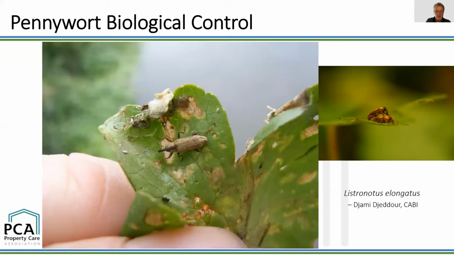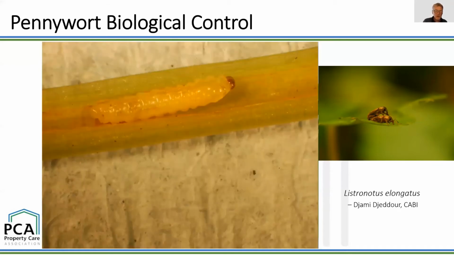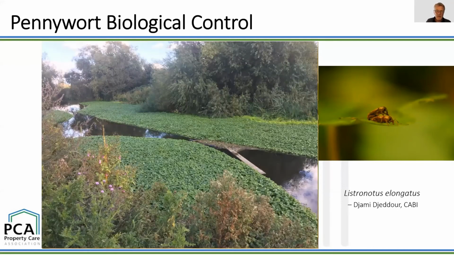Here we can see the weevil and what it does to the leaves of floating pennywort. It also has a larval stage which bores into the stem of floating pennywort and eats away at the plant. So hopefully at some point we won't have scenes like this along rivers.